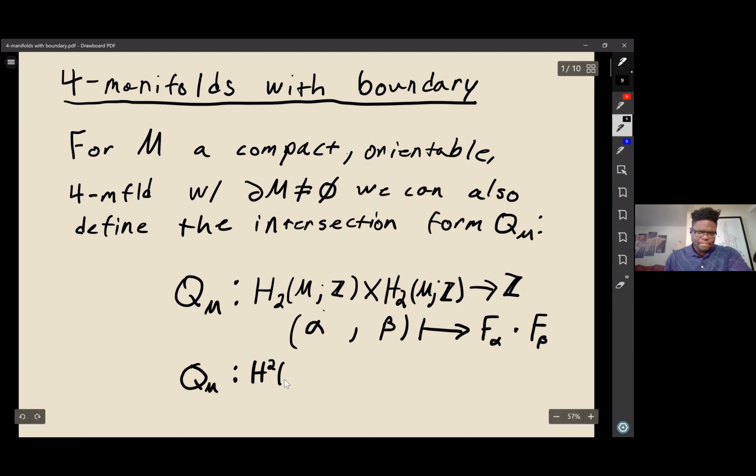But since we have boundary, it won't be the second cohomology of M. It'll be the relative second cohomology of M with respect to the boundary.